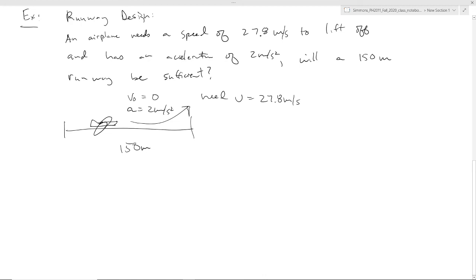So this is a good example in terms of being able to apply the last expression that we mentioned. Notice none of the information that we've been given involves time. But we do have a distance and we do have an acceleration.